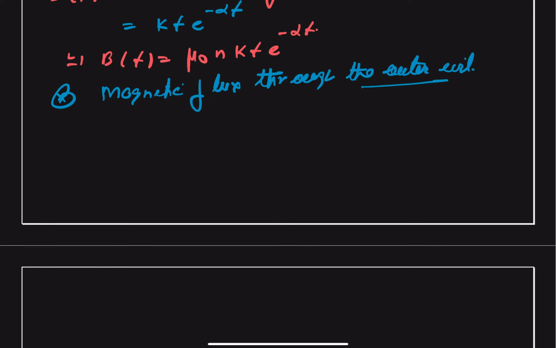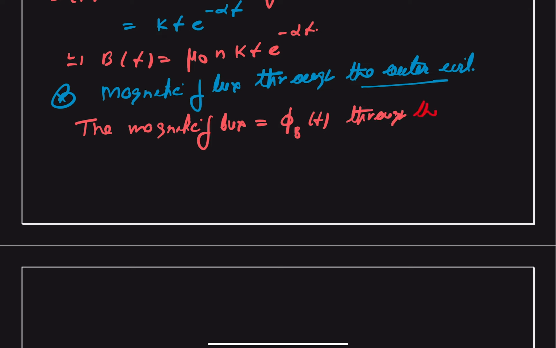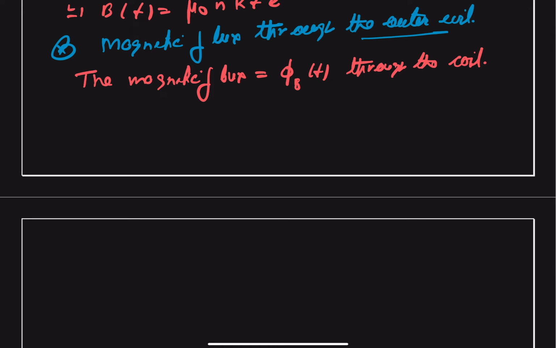So we can write that the magnetic flux, let us suppose that is represented as phi of B t, through the coil will be equal to the magnetic field multiplied by the area of the coil, which is A, where A is the area of the coil.